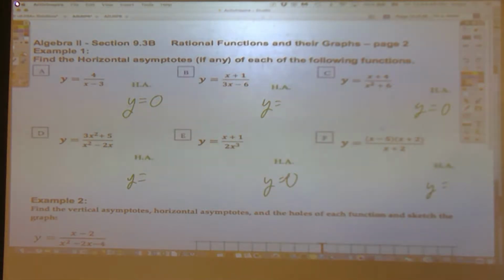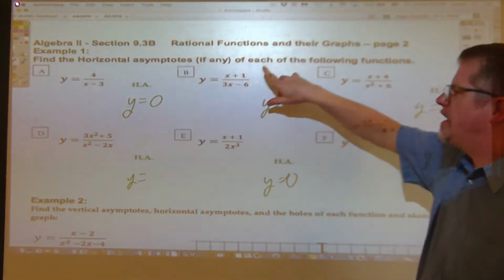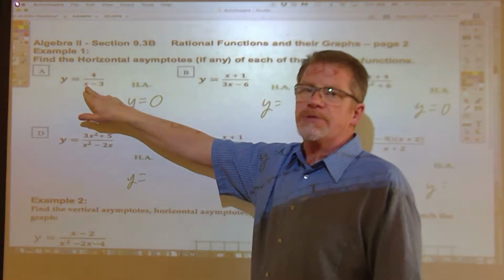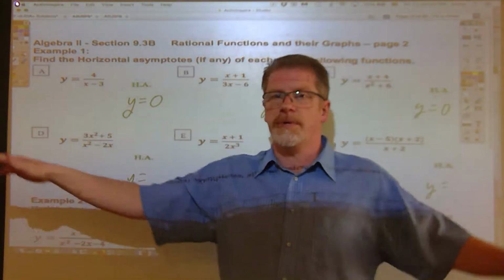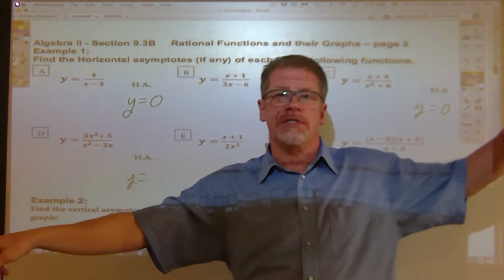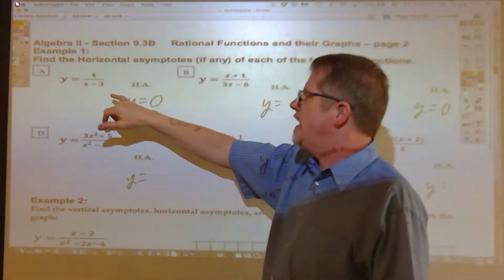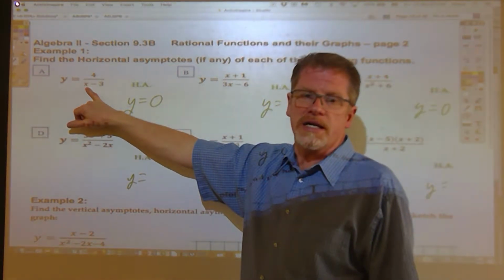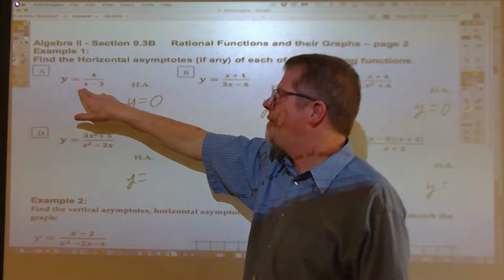Now, there's a concept here. Whenever it's bottom heavy, then what that means is that as we approach infinity, the horizontal asymptote, by the way, does tell you what the end behavior of the function is. It tells you as x approaches infinity or negative infinity, let's take x's that get big, like 100, 1,000, 4 over 1,000,000 minus 3.